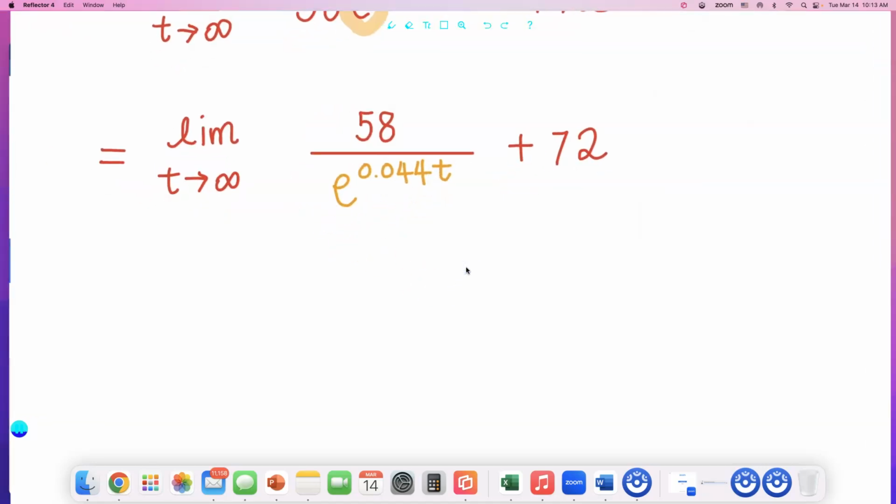So what I'm going to say over here is this is equal to 0 for this fraction, because that's what will happen if you plug in an infinitely big number to this t. But the 72 will not be affected by it at all, right? So what's the limit? Just 72, okay?